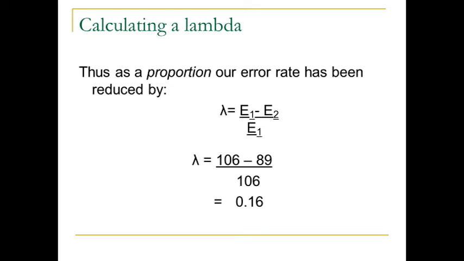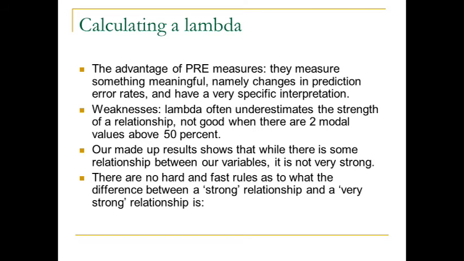So here we have lambda equals E1 minus E2 all over E1. When we add in the numbers from our made-up example, we subtract 89 from 106 and divide that by 106, and that gives us a precise estimate of 0.16. The advantage of PRE measures is that they measure something meaningful, namely changes in prediction error rates, and they have a very specific interpretation.